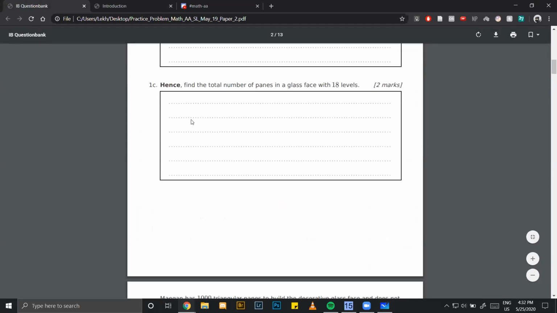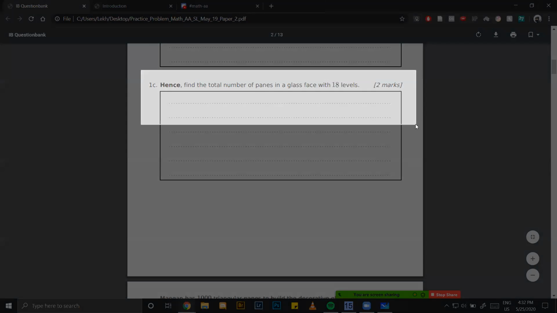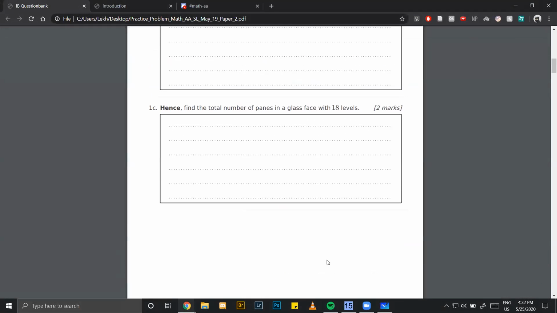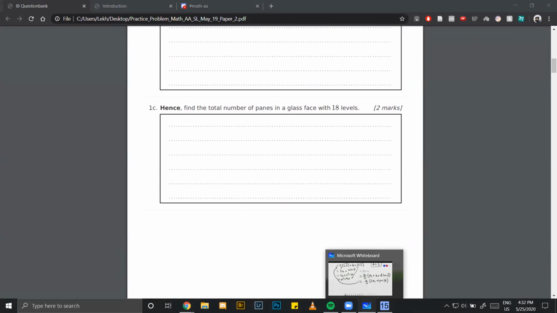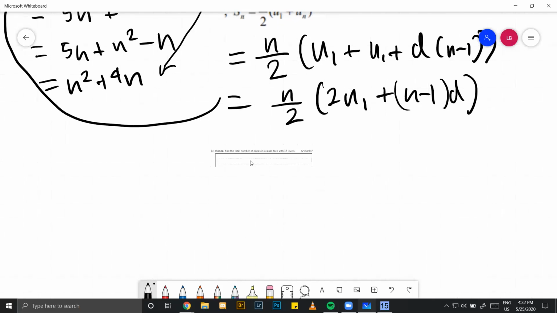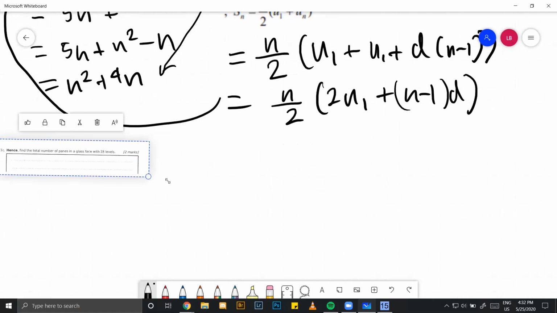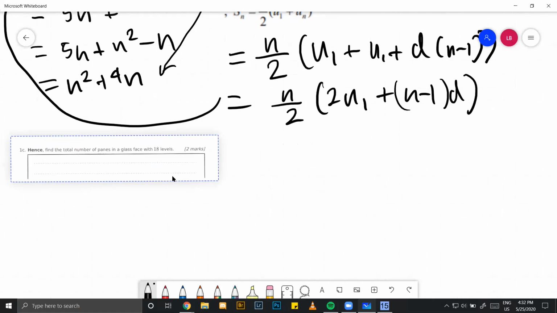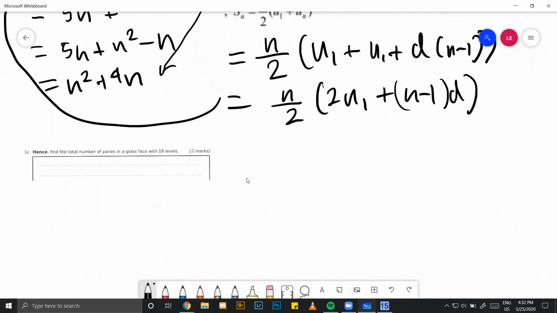The next thing is the next one. Hence, find the total number of panes in a glass vase with 18 levels.